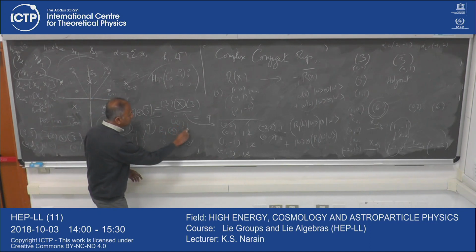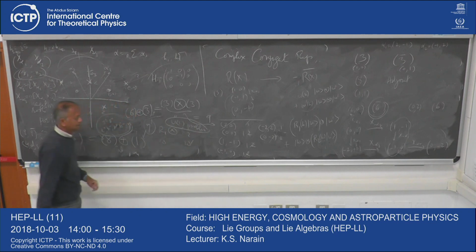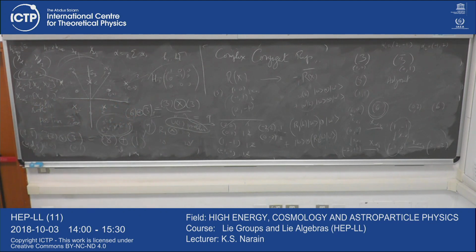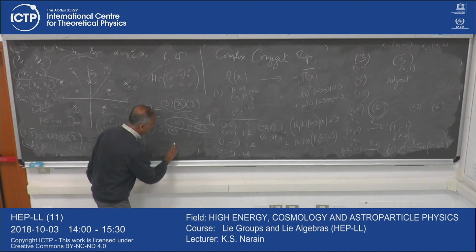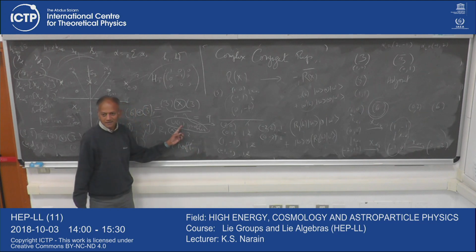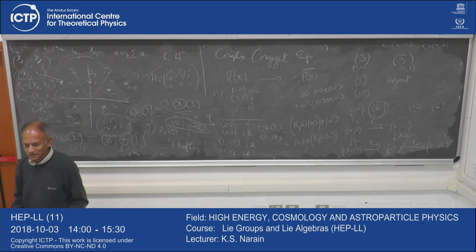There was a U1 problem, and it had a beautiful solution in the late 70s, given by 't Hooft, who is one of the great high energy physicists. 't Hooft gave an explanation for this, and that explanation comes out to be extremely beautiful.